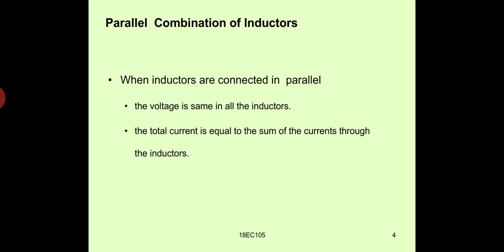So it will be I1 plus I2. Now let us see when they are connected in parallel without any mutual inductance. As we considered the case of series also, here we are not considering the mutual inductance factor.